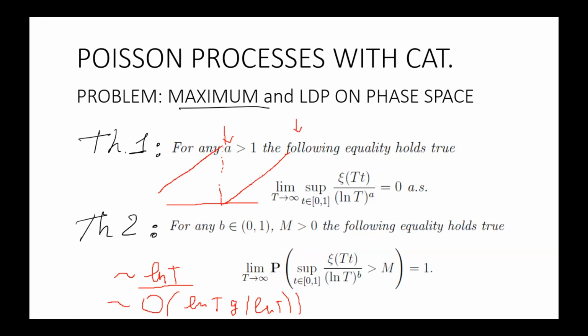In any case of Poisson process, there exists a result that the expectation of the supremum of such a process behaves exactly as the logarithm of t. That is why we guess that our hypothesis is true, and the two theorems ensure this hypothesis. Yeah. Some questions?